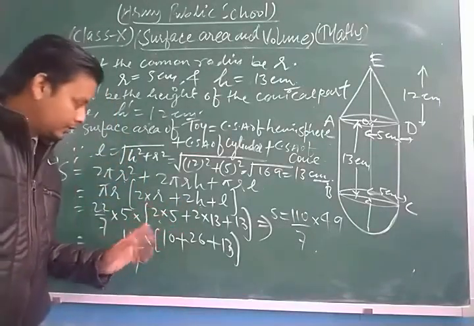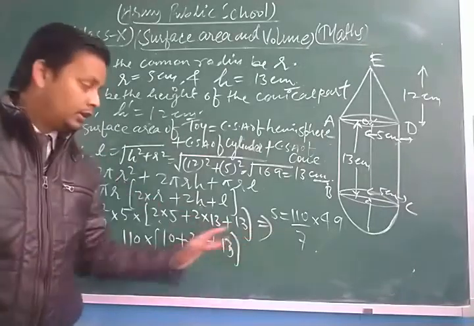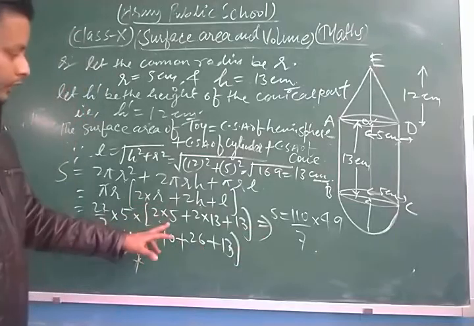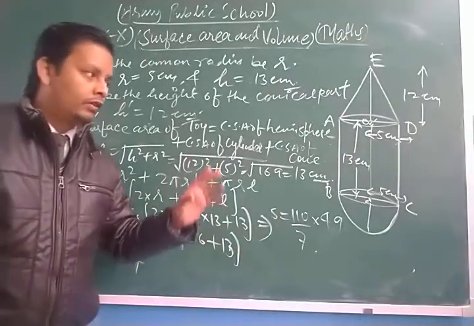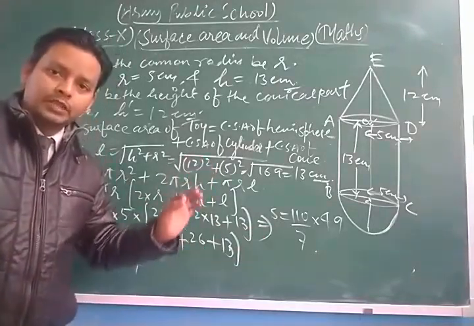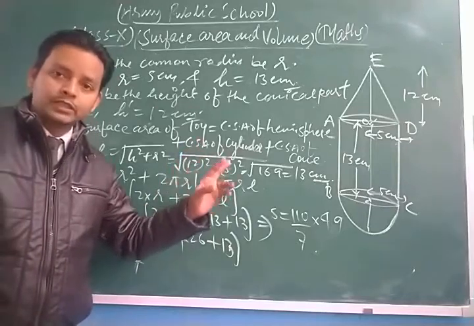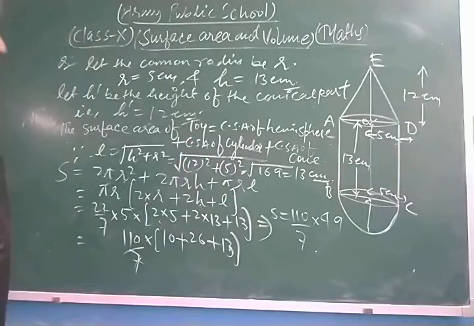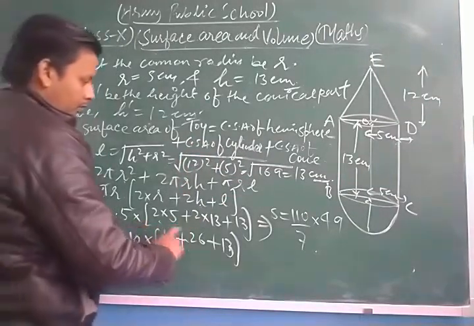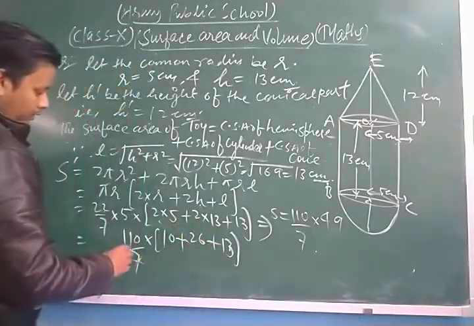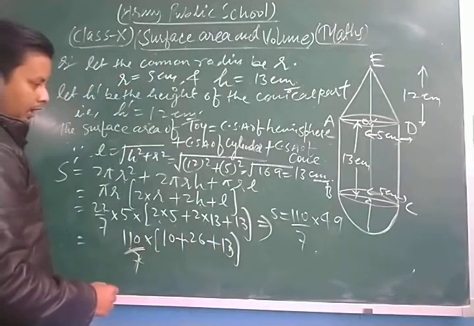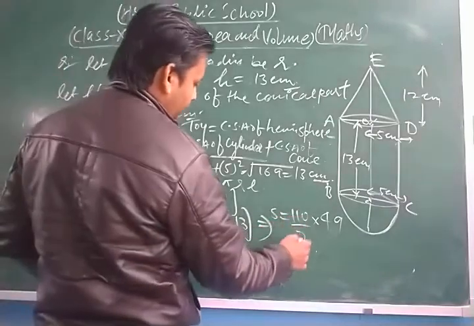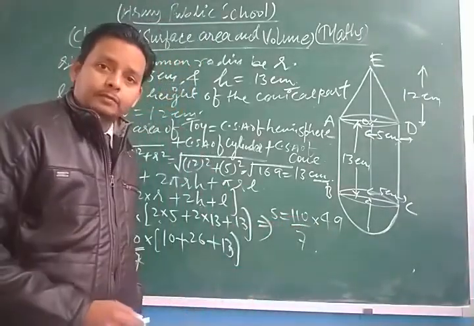After taking pi r as common, we get this expression. We put in all the values: 5 is the radius of the hemispherical portion, the same as the radius of the cylindrical portion. After simplifying, we get 110 upon 7 into 49.